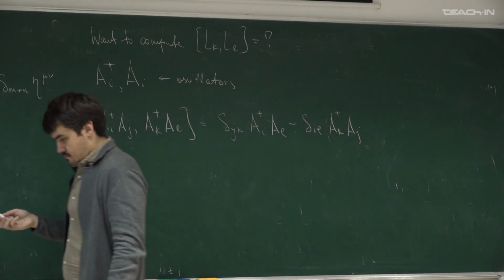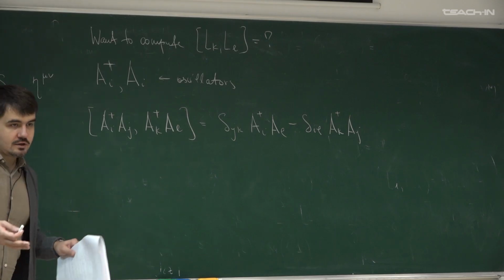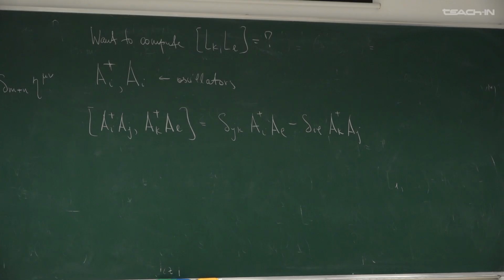The possible difference from computing Poisson brackets can come from the fact that the quadratic combinations on the right-hand side are not normal ordered. In the case of Poisson brackets, when these were classical variables, we could just permute the two factors without any effect. But here we have to take into account the commutation relation. So let us think where this situation occurs.